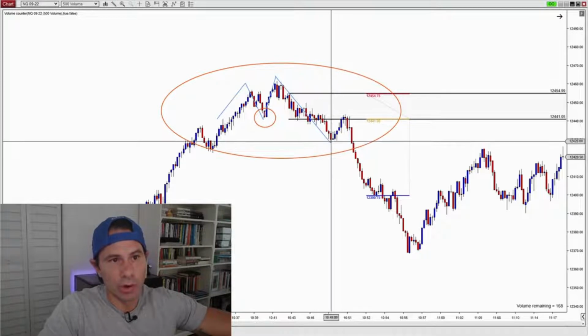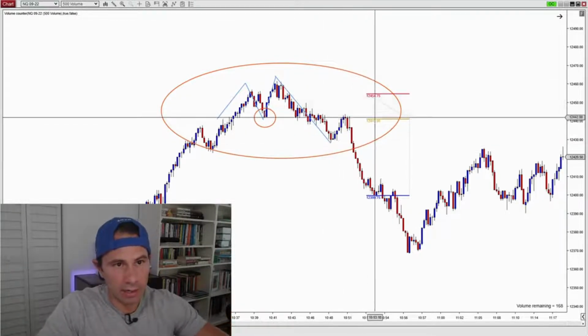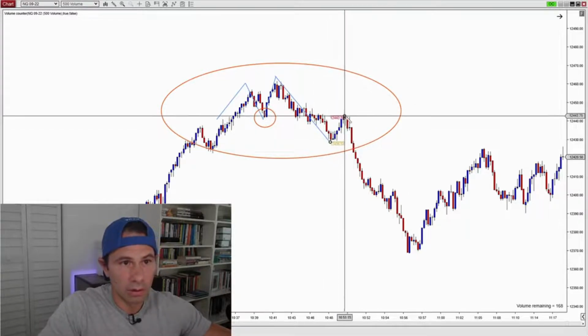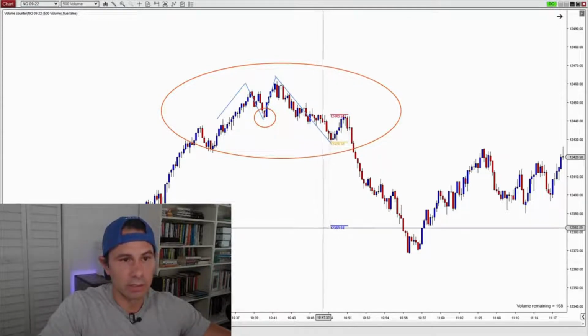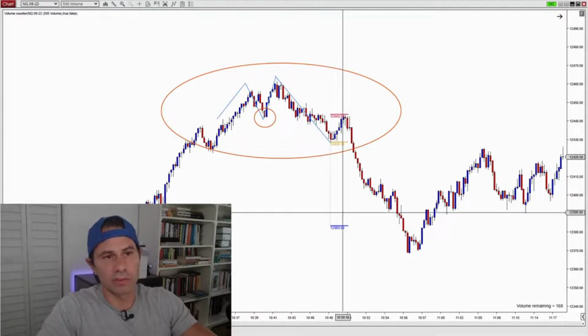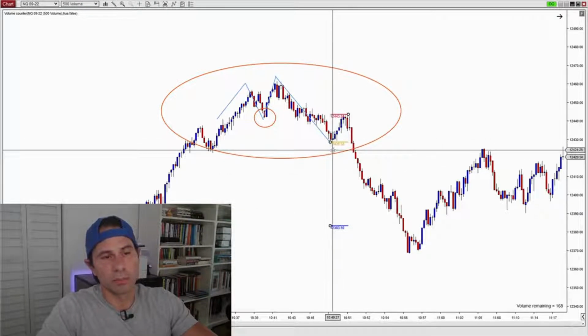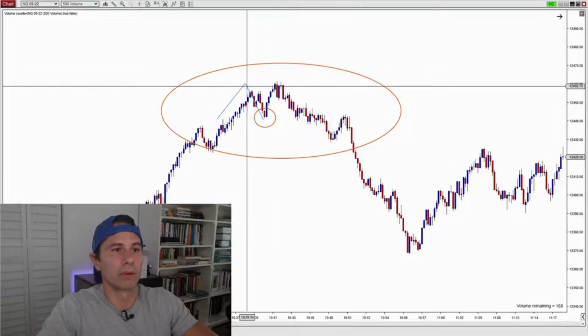Or you can go ahead and wait for this thing to happen and risk all this, and your target has to be right here, right? And it all depends. This is a generic 3-to-1. Sometimes I go for 5-to-1s. Sometimes I go for 3-to-1s, right?